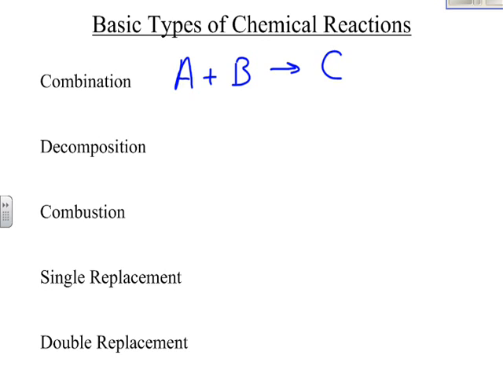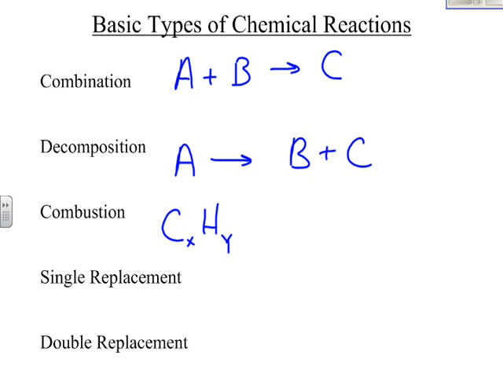Decomposition would be just the opposite. We would have one substance that would then break apart into two or more separate substances. Combustion, usually we're dealing with combustion of hydrocarbons, compounds that contain both carbon and hydrogen.